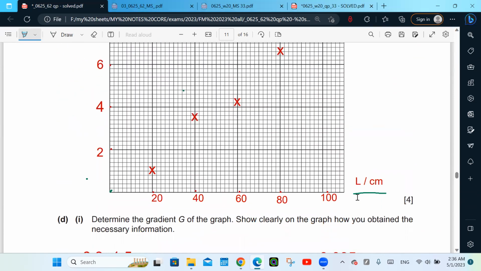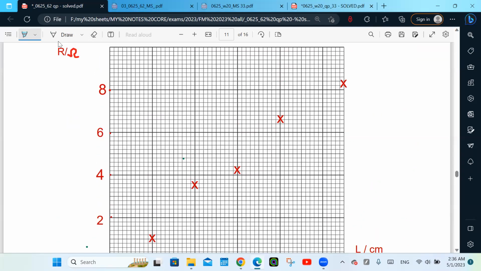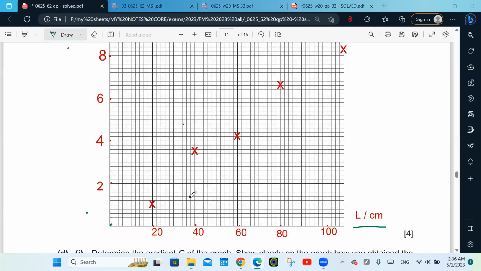Okay, here we have the plotted graph for different points. Here I don't have a ruler. You should have a straight line like this. Okay, this is a straight line. You can plot a best fit line here between 100 and 80.